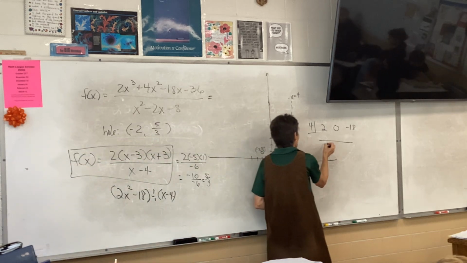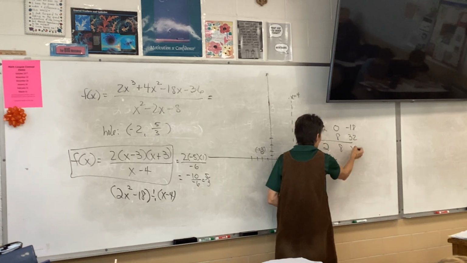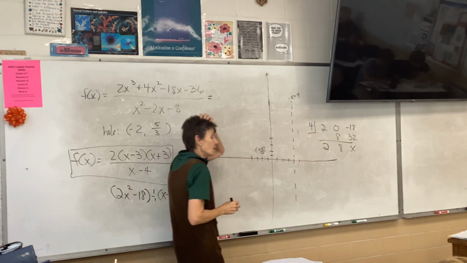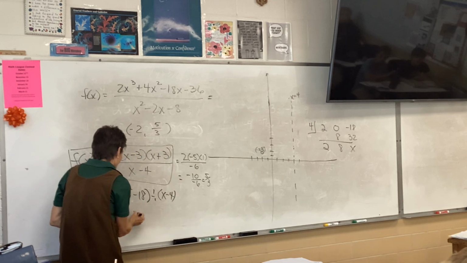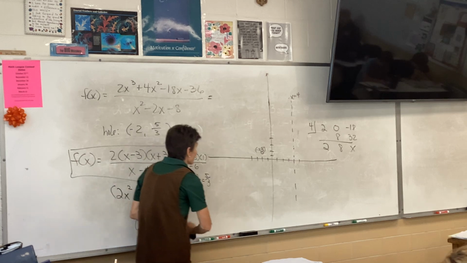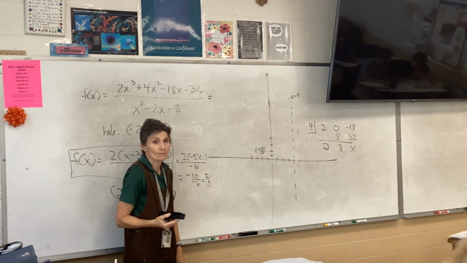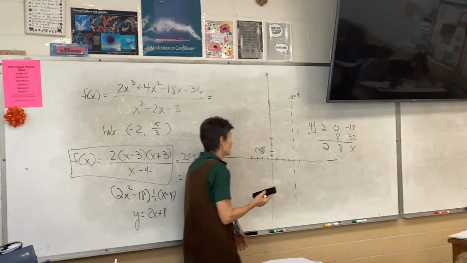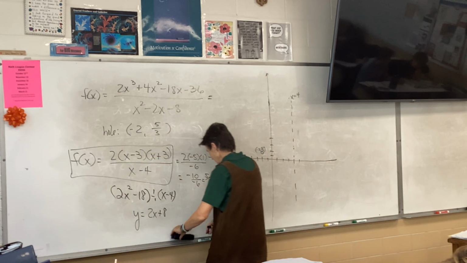All right, so here we go. Don't care about this, that's not important. What is my slant asymptote gonna be? Y equals 2x plus 8. Everybody okay with that? So I'm gonna go ahead and graph that line now in my picture.